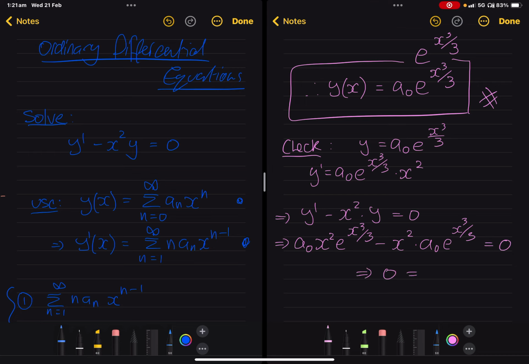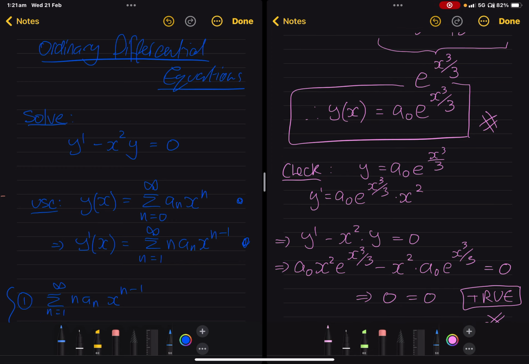This tells us 0 is equal to 0. This is true. So our manual check, which was not particularly difficult in this case, confirms for us that a solution to this particular problem is y of x is equal to a0 times e to the power of x cubed on 3, and we were able to solve this using series solutions.